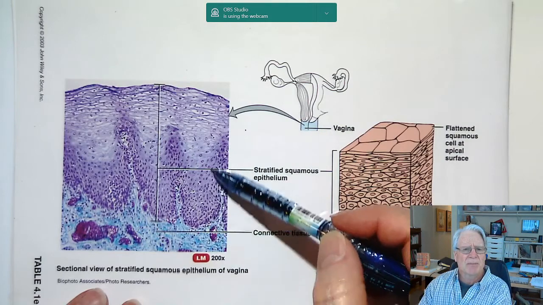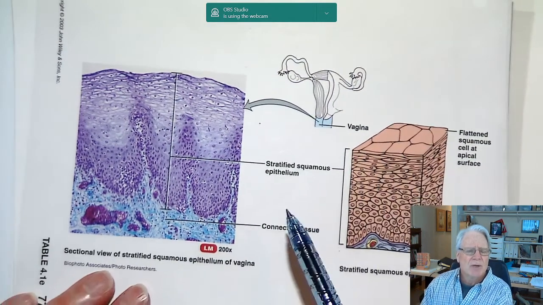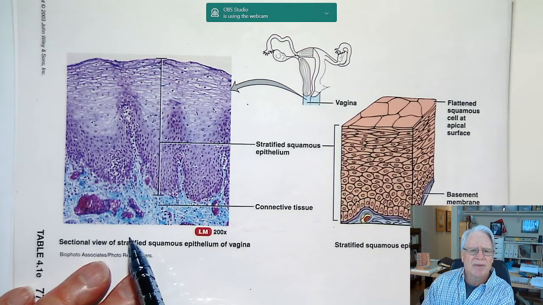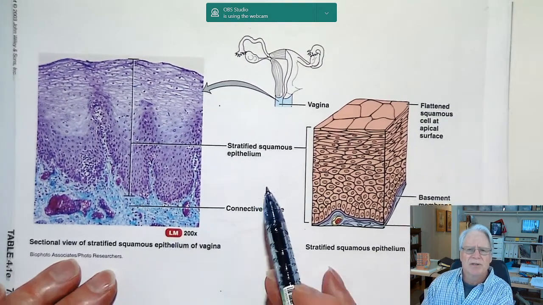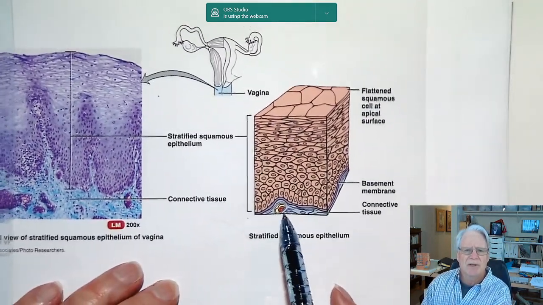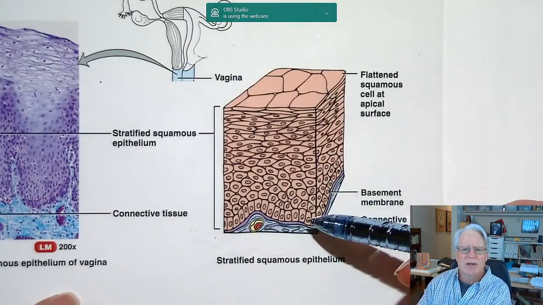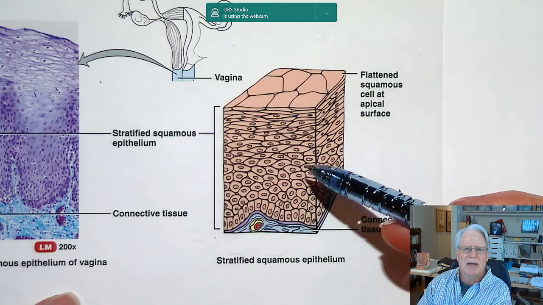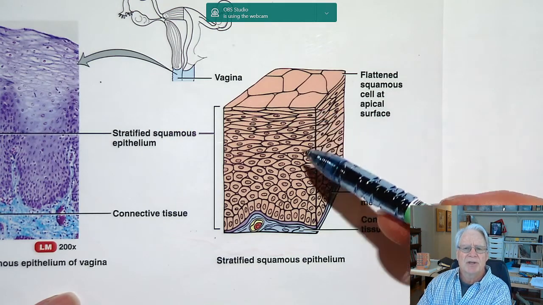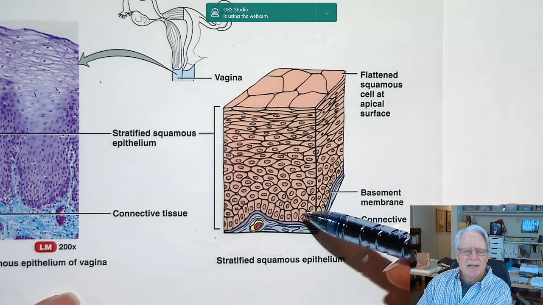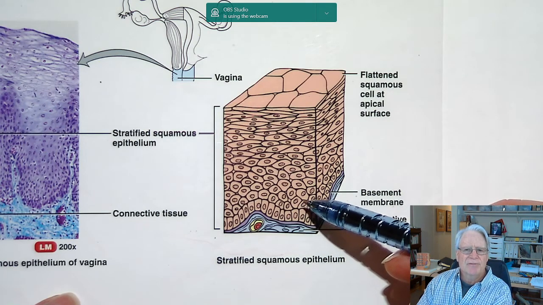So if you look carefully here, there's a couple things that I want to point out, and you can see it more closely right here. Take a good close look at the cell shape as it moves up to the top surface. These definitely do not look like they're flat.